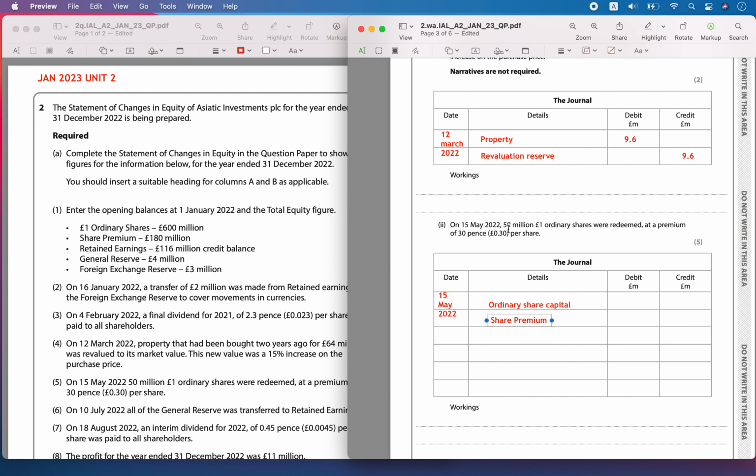Then you have the bank. This is going to be issued from the bank of the business. So bank, it is credit.